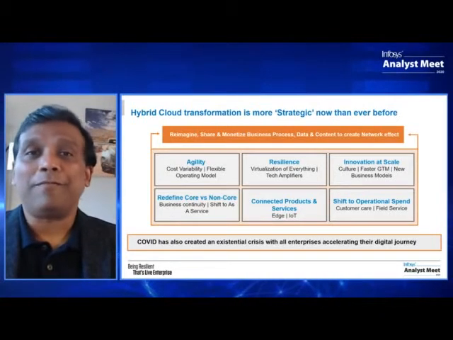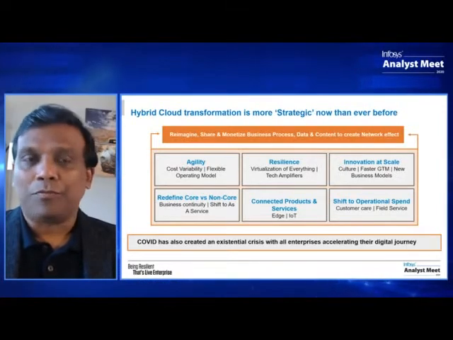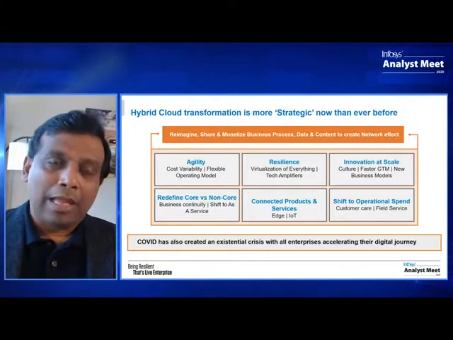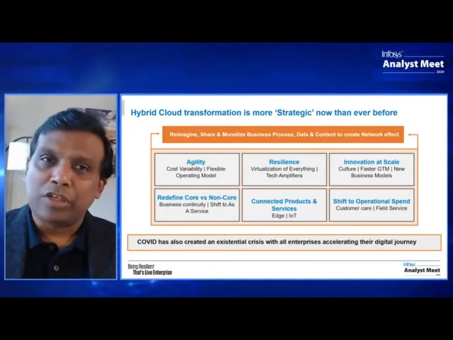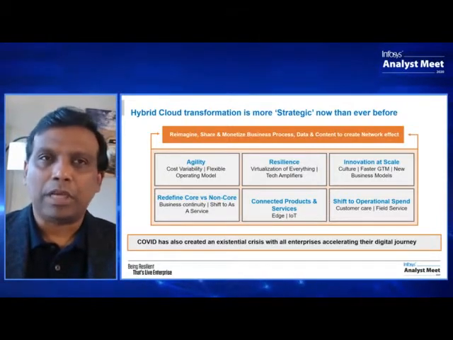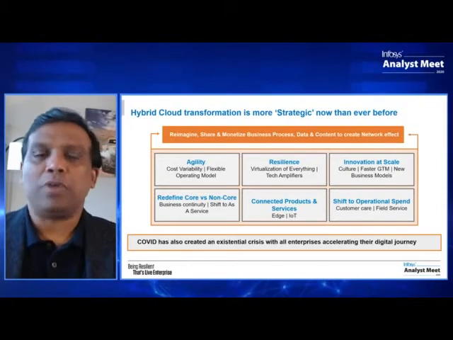And this is going to be manifested by an extraordinary power in terms of confluence of digital technologies. As operational spend for field technologies goes up, the cloud plays a big role because field technologies want you to be virtualized.